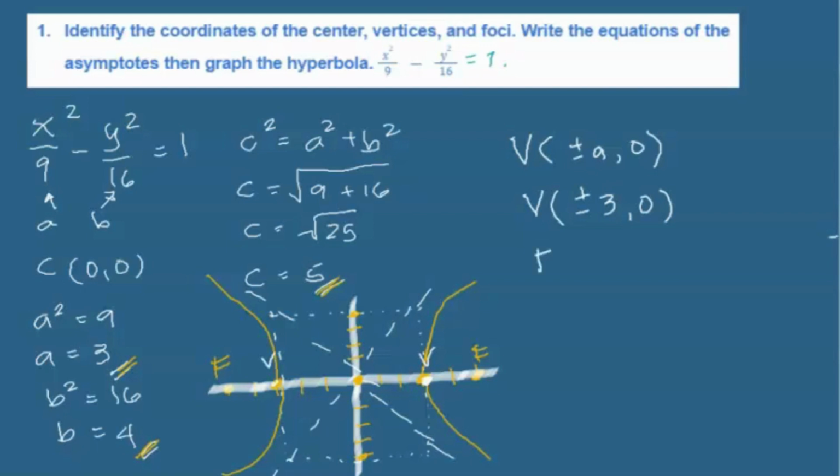And for our foci, we have identified that in our graph, and that is plus or minus 5 and 0. And for our asymptotes, for this particular hyperbola, the equation is y equals plus or minus b over a x. So the equation of our asymptotes will be plus or minus 4 over 3 x.